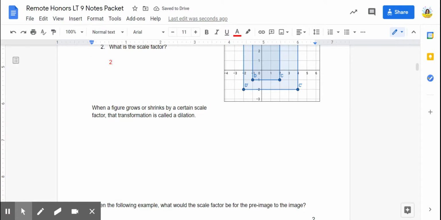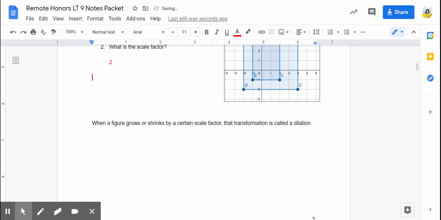Now, when a figure grows or shrinks by a certain scale factor, that transformation is called a dilation. So we have 3 different conditions. When our scale factor is greater than 1, it's an enlargement.